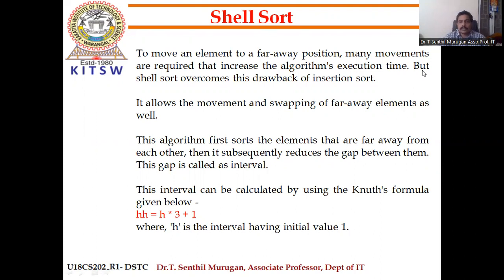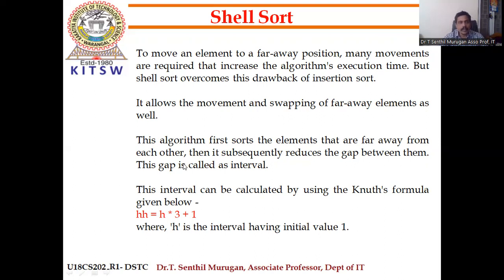But shell sort overcomes this drawback of insertion sort. In insertion sort, we compare with the previous elements. If it is less, we go up to the sorted elements where the position is exactly correct. The left side should be smaller and the right side should be bigger. In that position, we insert it. So to overcome that drawback, we come to shell sort.